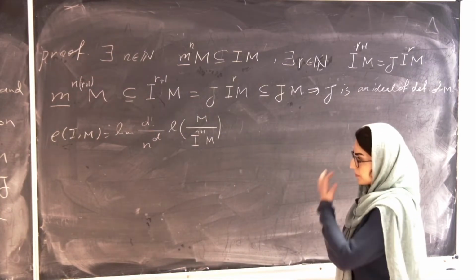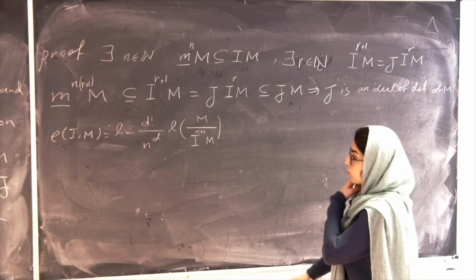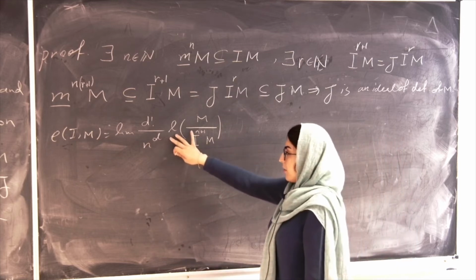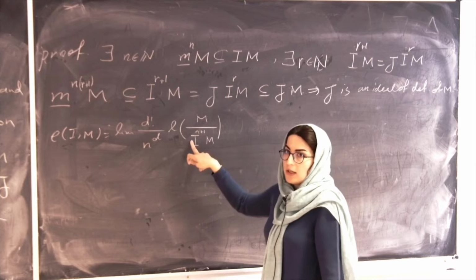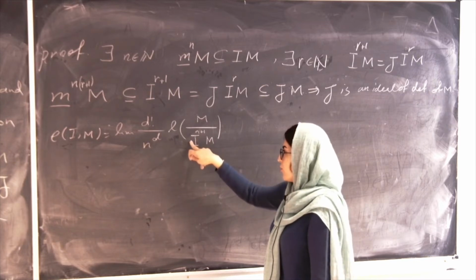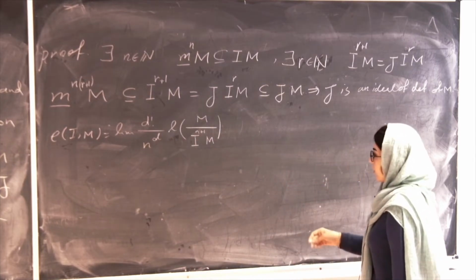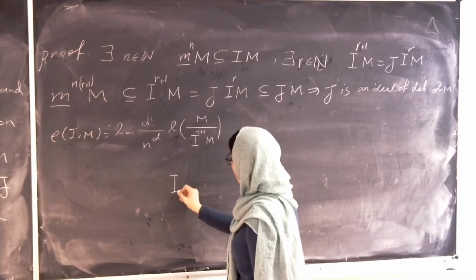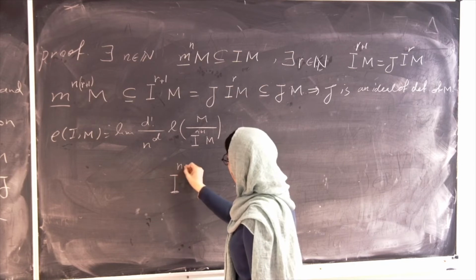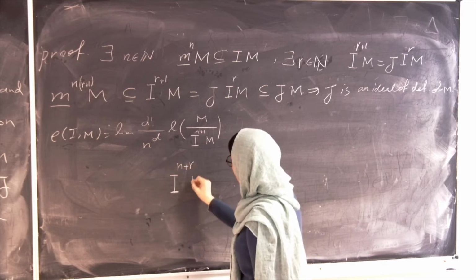I want to compare this, to find some inequalities between these lengths when I changes to J. We have I^{n+r}M.